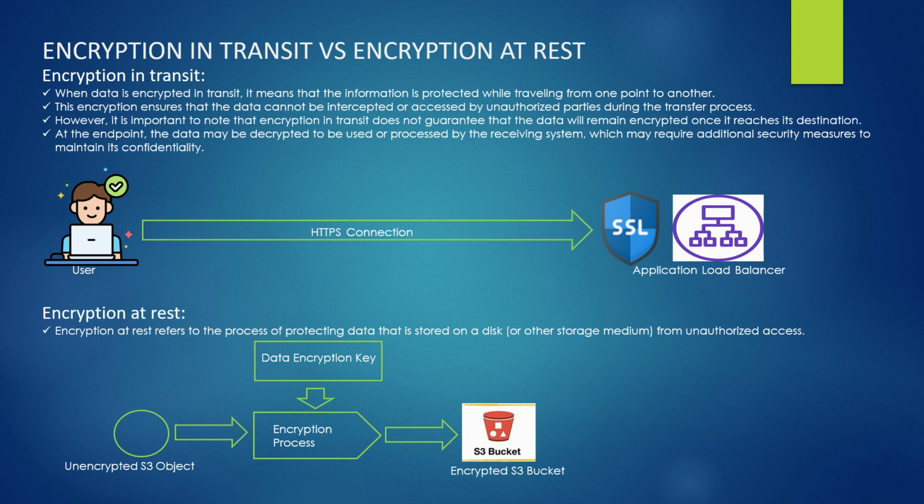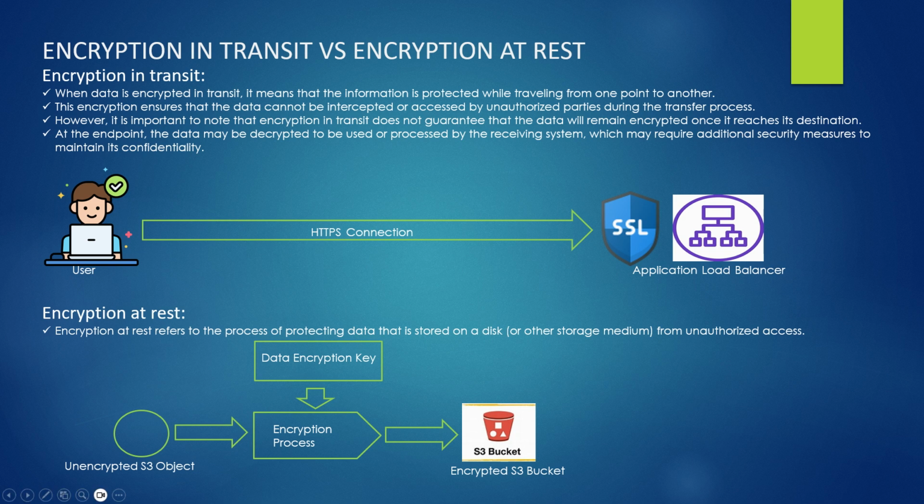So once data has reached the destination and gets stored in some kind of storage device, encryption in transit does not guarantee that it will remain encrypted. From that point onward, you will need to consider encryption at rest as well. Once you have data stored, you will need to encrypt it.